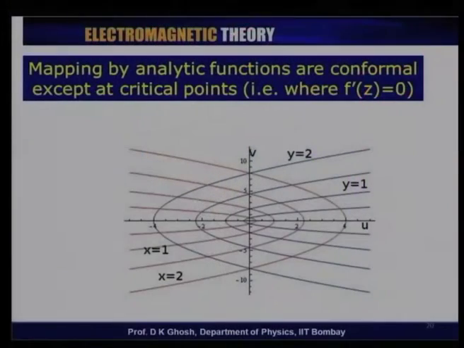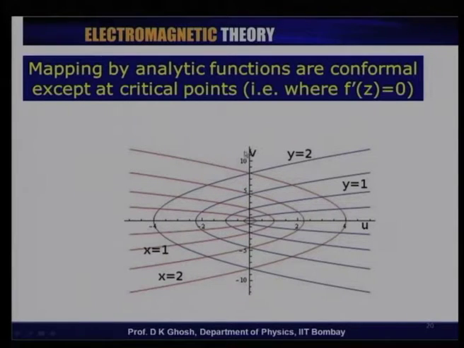Now, this picture tells you what happens. When I am in the z plane, I am talking about x, y. Now, suppose I keep the imaginary part, namely y, constant. I am asking, how does y constant translate when I do the mapping? This is fairly straightforward. This has been drawn using Mathematica. I know that u becomes x square minus y square and v becomes 2xy.